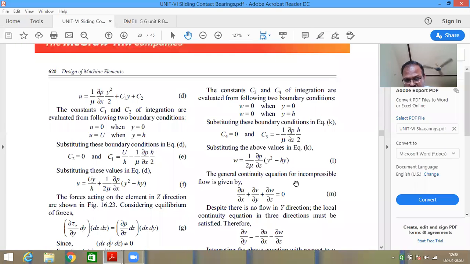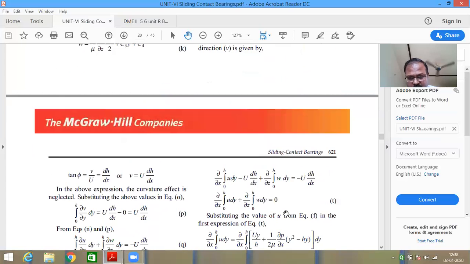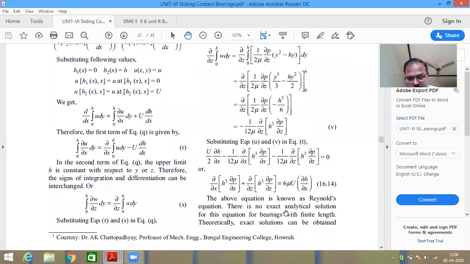Using the continuity equation and simplifying, you will get the Reynolds equation in this particular format. In examination, we are not expecting the derivation of the Reynolds equation, and neither are we bothered about the direct application of this equation, but just for your knowledge, there exists a Reynolds equation for the lubricant.